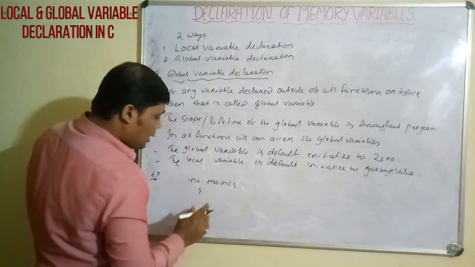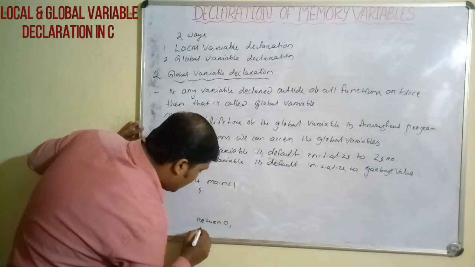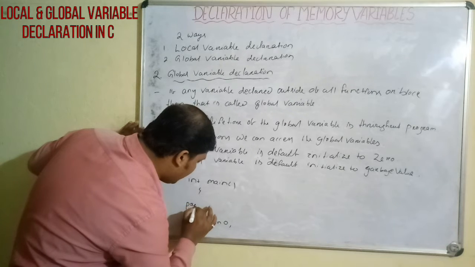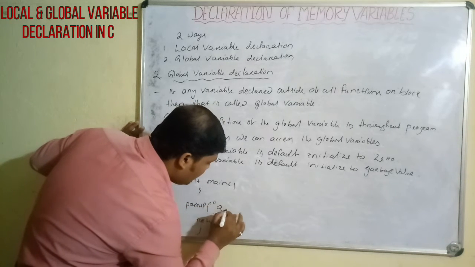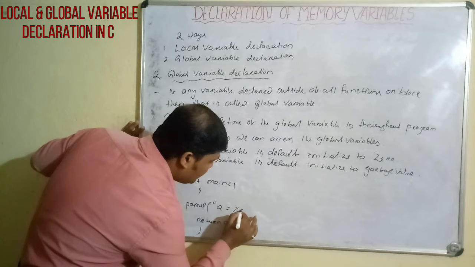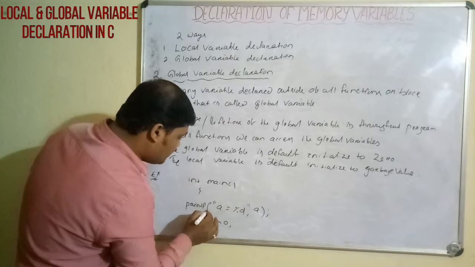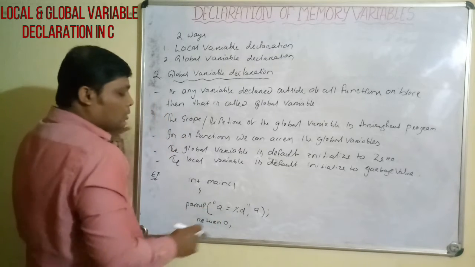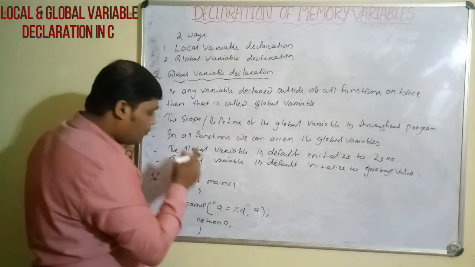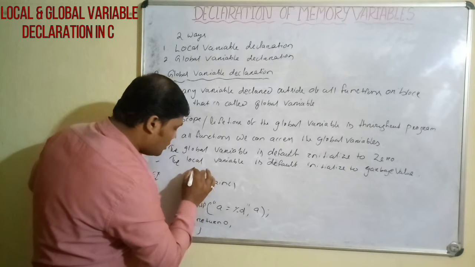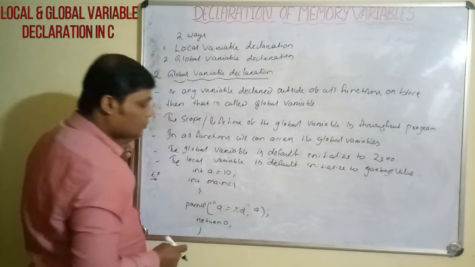In main function suppose return 0 and this is the end of main function, and inside main I am printing printf a equal to percentile d, then a. What is a? A is my global variable. I have to declare this a outside all block or function. Above main I am declaring this variable, suppose integer a equal to 10.